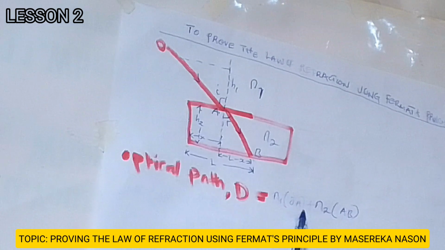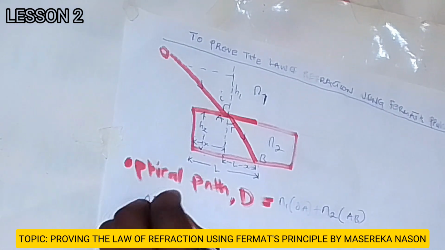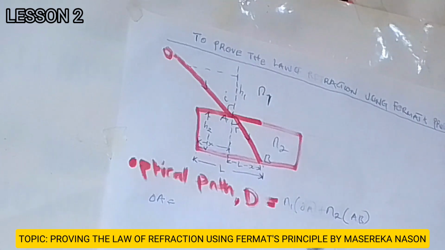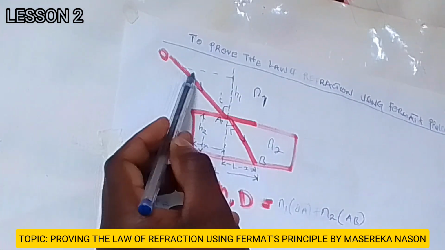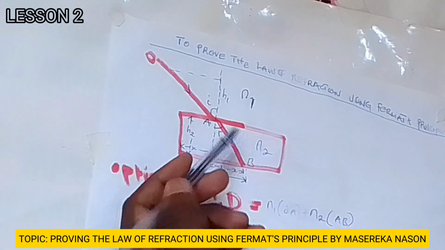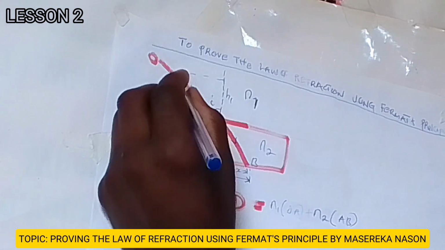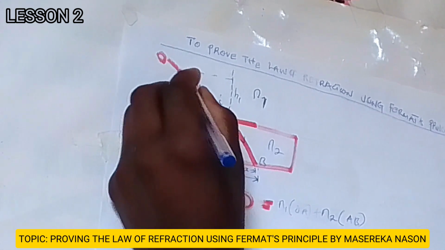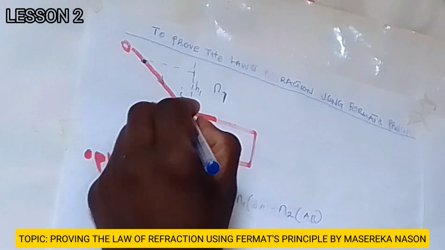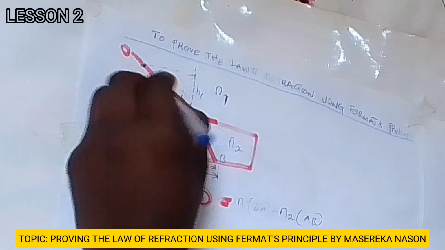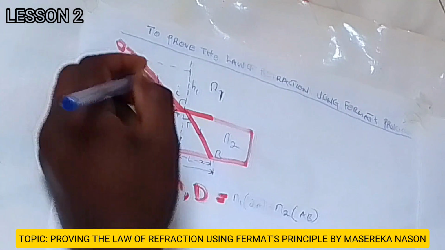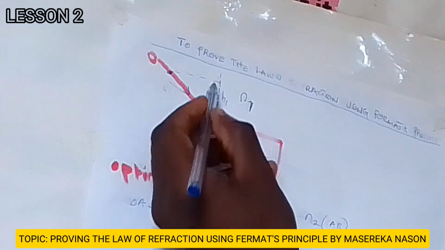Now we need to determine OA and AB. So our OA will be, when you look at this right angle triangle, using Pythagoras theorem, the distance from this very point where the ray starts to this point will be root of H1 squared plus this distance.